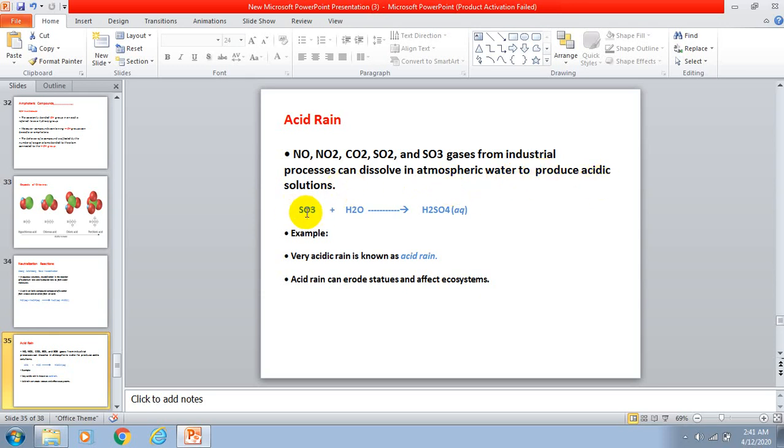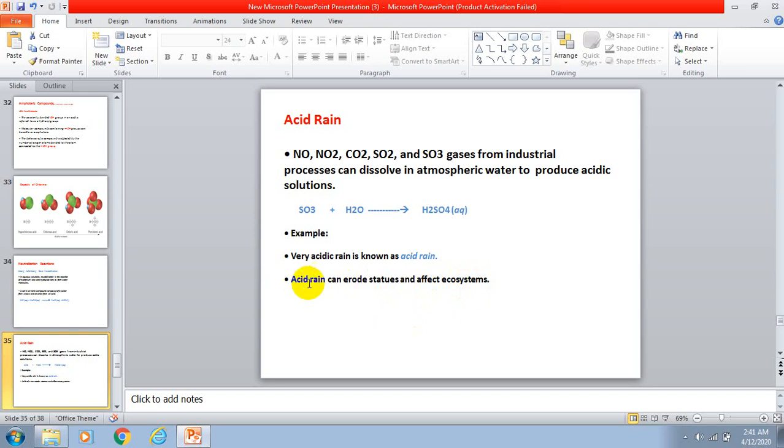SO3 plus H2O combine, they form H2SO4, the acid. Very acidic rain is known as acid rain. Acid rain can erode statues and affect the ecosystem. Destructive one: it erodes statues made from stones and different kinds of precious stones.